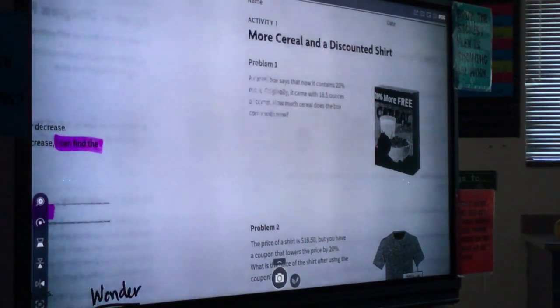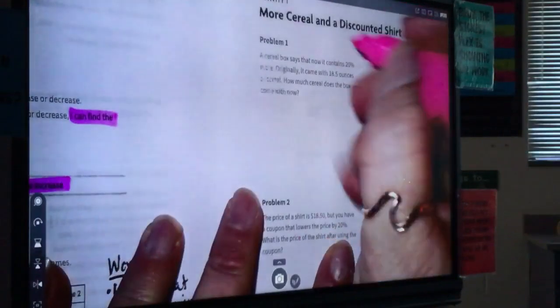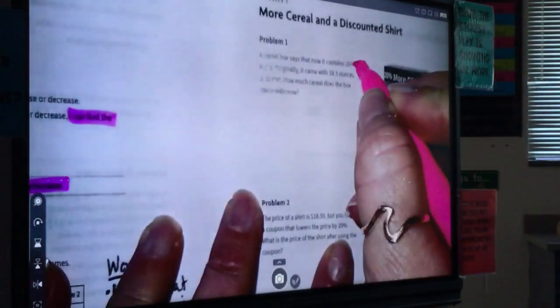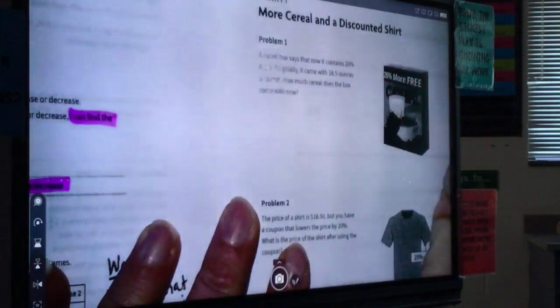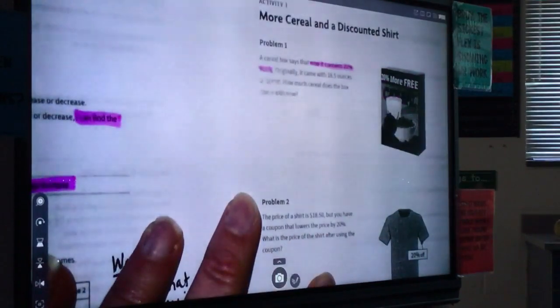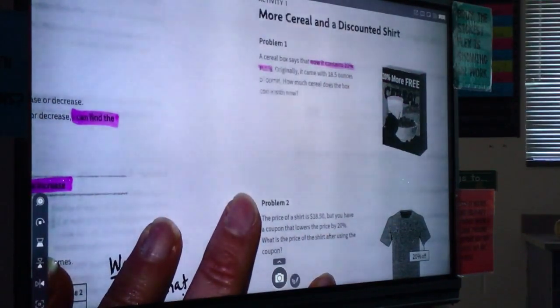All right, so what's important in this question? Oakley. It now contains 20% more. Okay. All right. What else is important?